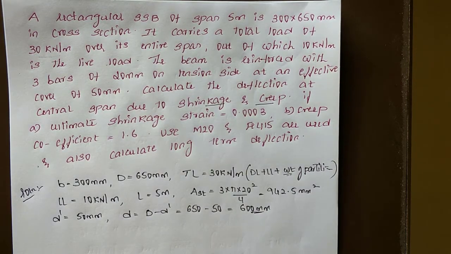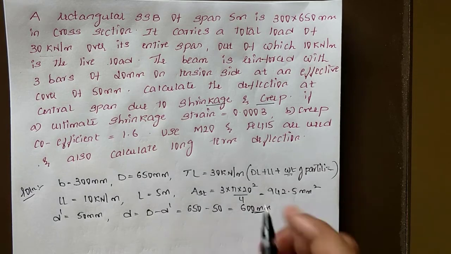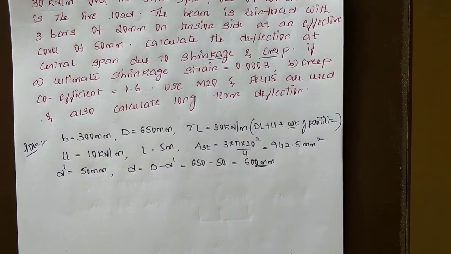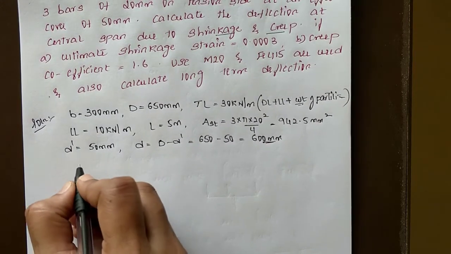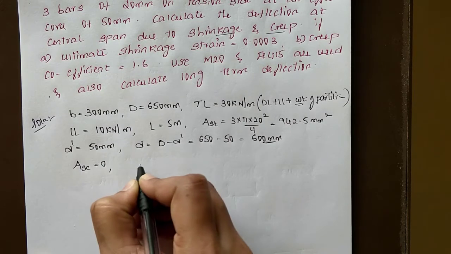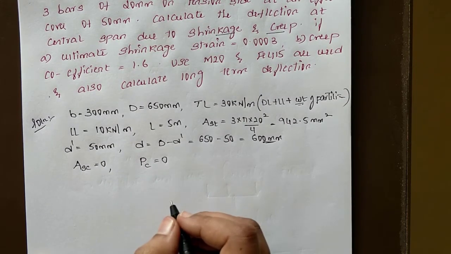In addition to that, it is understood that it is a singly reinforced beam because the reinforcement is provided only at the tension side. Then in the singly reinforced case, the area of the steel in the compression zone you will get as 0, then the percentage of compression reinforcement will also be 0.